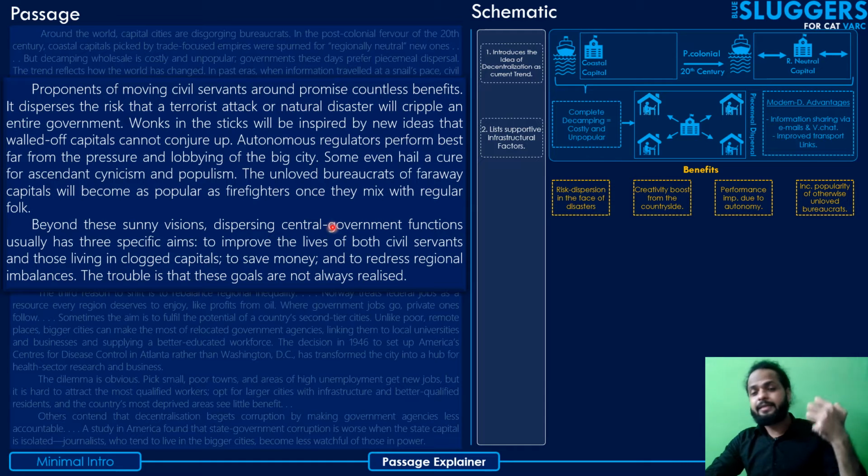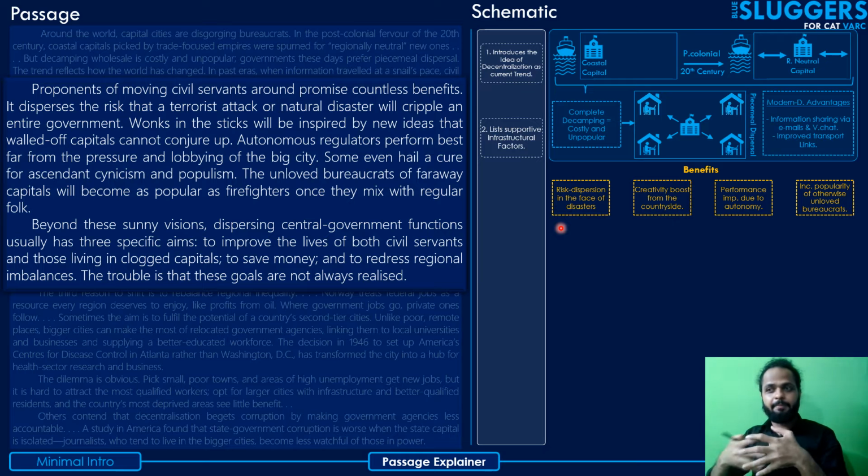That's what he means. The generally negative qualities that we attribute to the government officials. Putting these government officials in the remote places among the people and not in the capital cities might in fact help with getting rid of this kind of negative image that the government officials, the bureaucrats have amongst the masses, right?